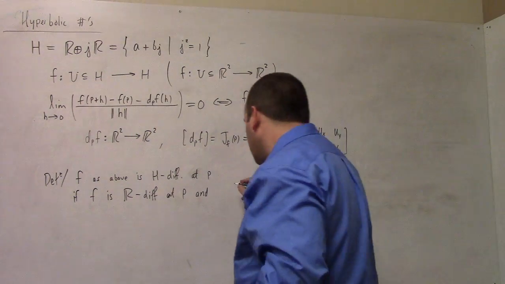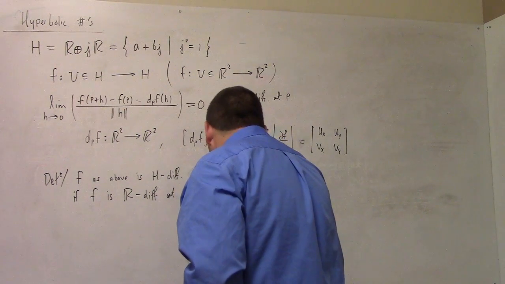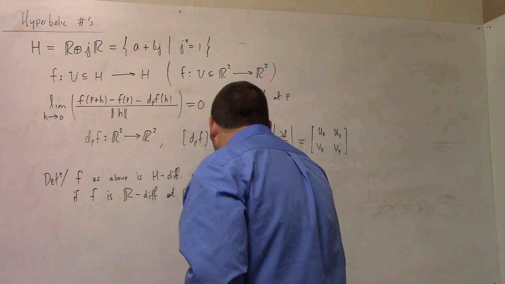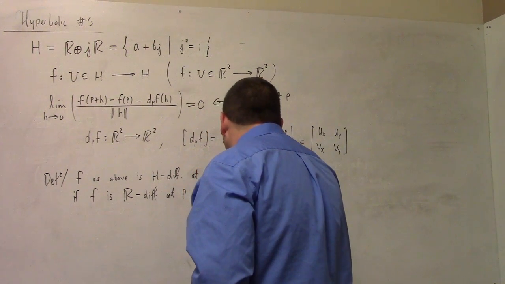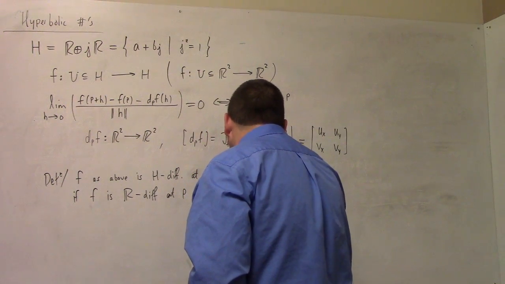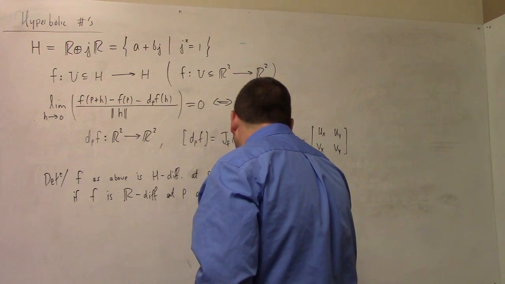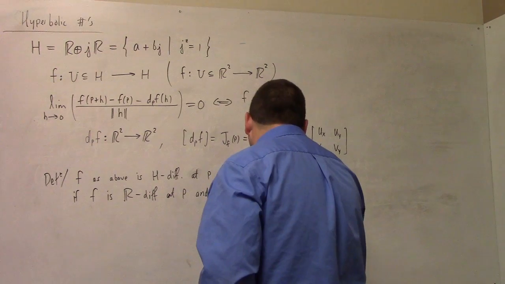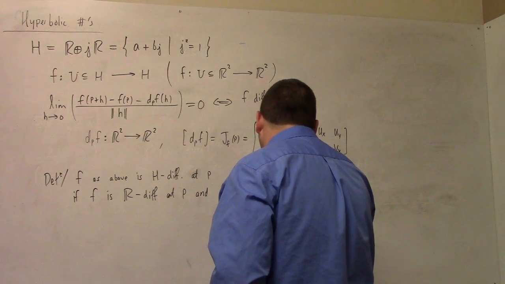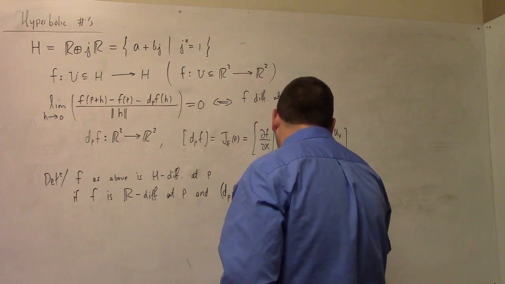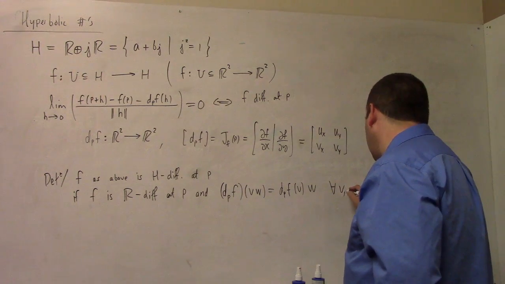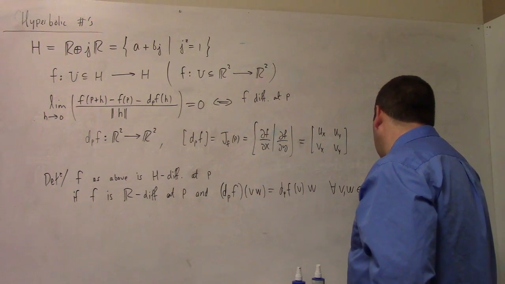The differential at p of f acting on v times w is equal to d_p f acting on v times w, for all v and w in the hyperbolic plane.